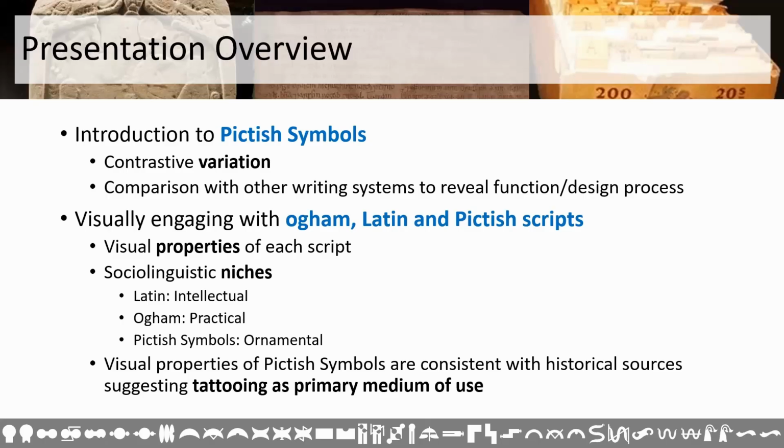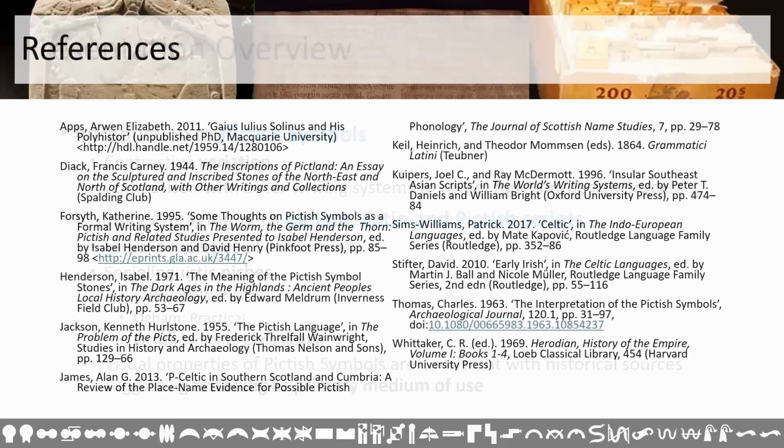And I've had a look at some of the visual properties of Ogham, Latin, and Pictish scripts to argue that Latin occupied an intellectual niche, Ogham a practical niche, and Pictish symbols an ornamental or potentially aesthetic niche. And these properties, I would argue, are all consistent with the historical sources that suggest tattooing was a primary medium of use for the symbol system. And I think that's the end.